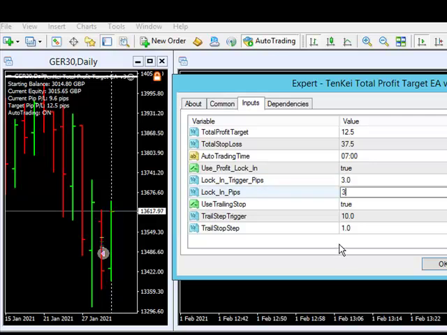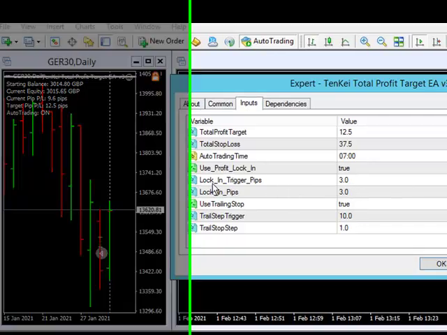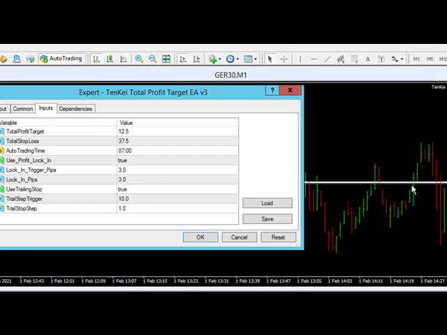The next session we're going to cover will be to use a trailing stop. Once you use the use profit lock-in at true, and the trigger is hit at 3, for instance, and you lock in 3, what if the market continues going up?